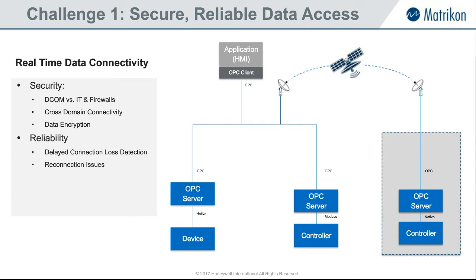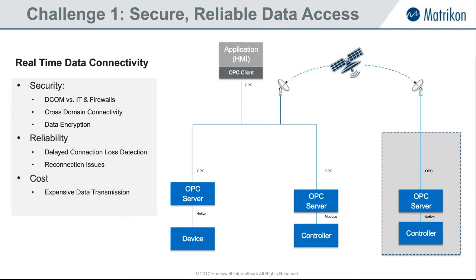The client has to recover from the fact that communications were lost. And it's not as simple as dealing with it at a protocol level where you just need to reconnect. It goes a little deeper because, again, it's sitting on top of the operating system. So those are some of the things that cause the reliability of the connection for OPC to go down.